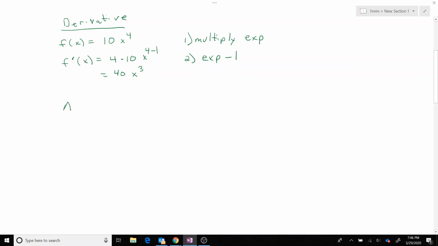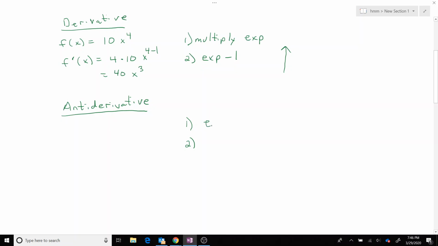Okay, so here's how we're going to take an antiderivative. We're going to take these two steps up here and we're going to do the opposite, and we're even going to do it in the opposite direction. So the last step in taking a derivative was we subtracted 1 from the exponent.